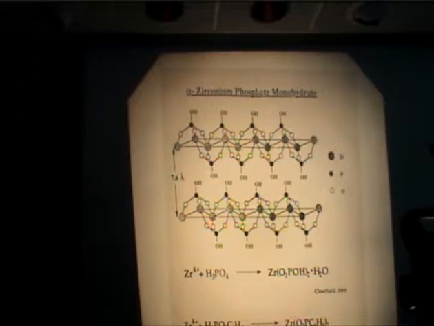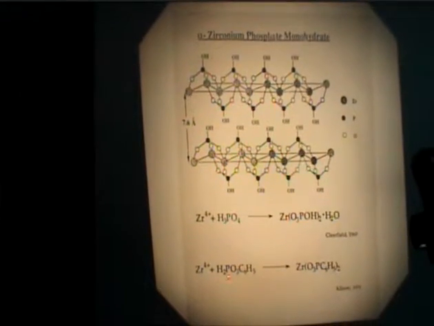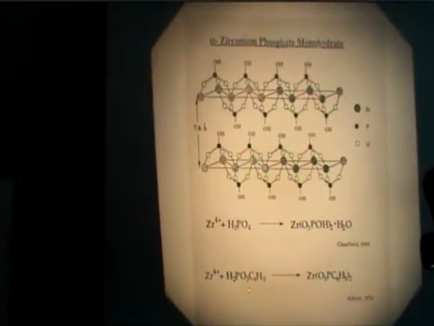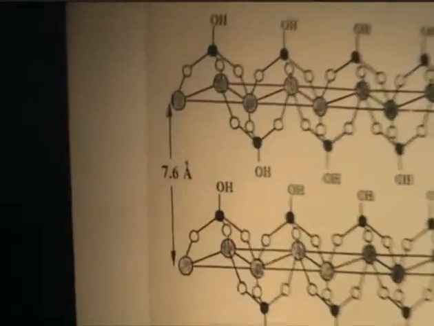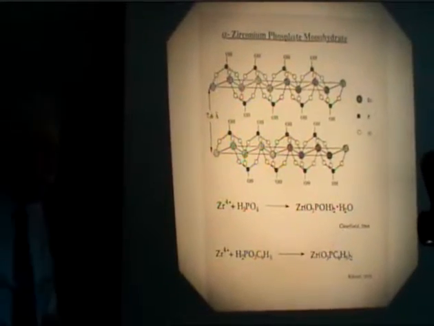Okay, so to make a phosphonate, you just substitute an organic group here, and you cook them up together, and you get something like that. So you get a phenylphosphonate. And I did the crystal structure of that from powder because it's almost impossible to get a single crystal.